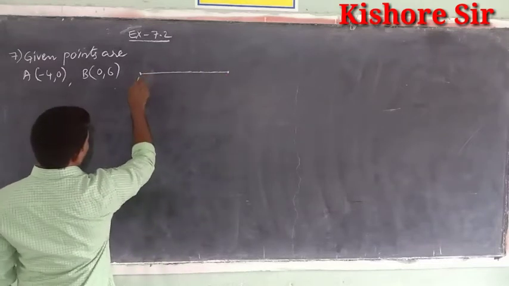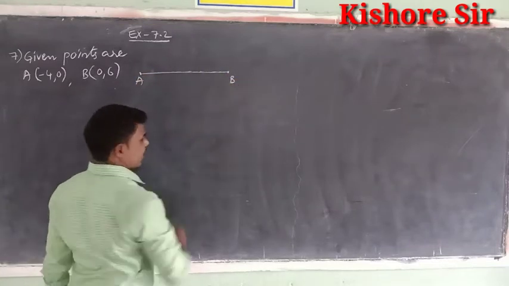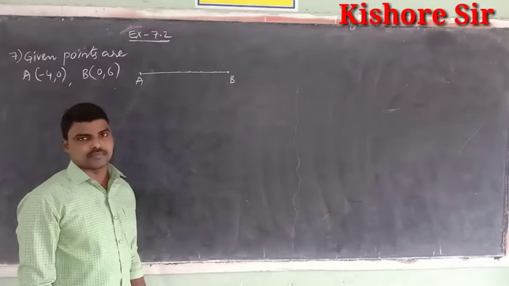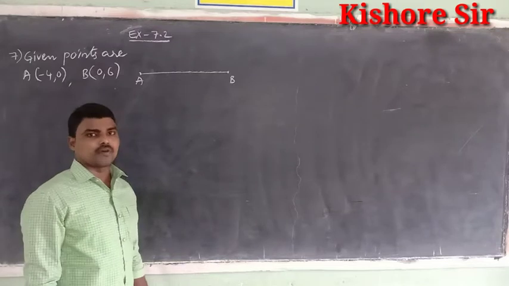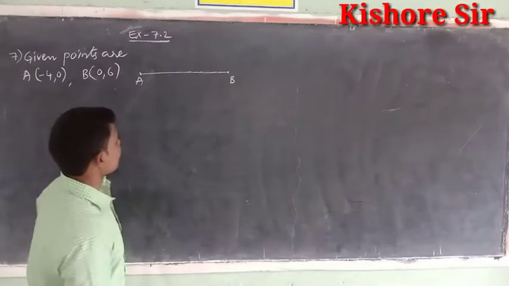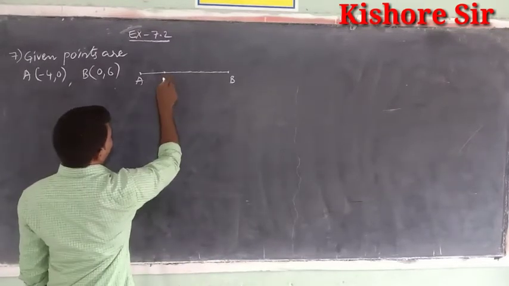So first draw line segment AB. Find the coordinates of the points which divide the line segment AB into 4 equal parts. Take any 3 points.